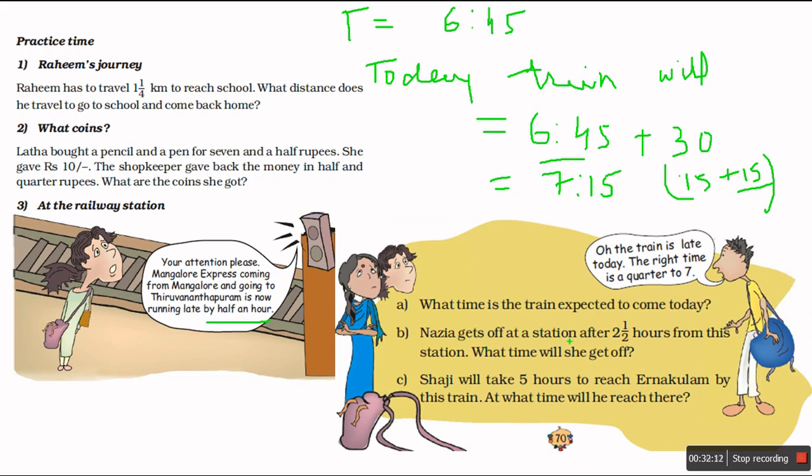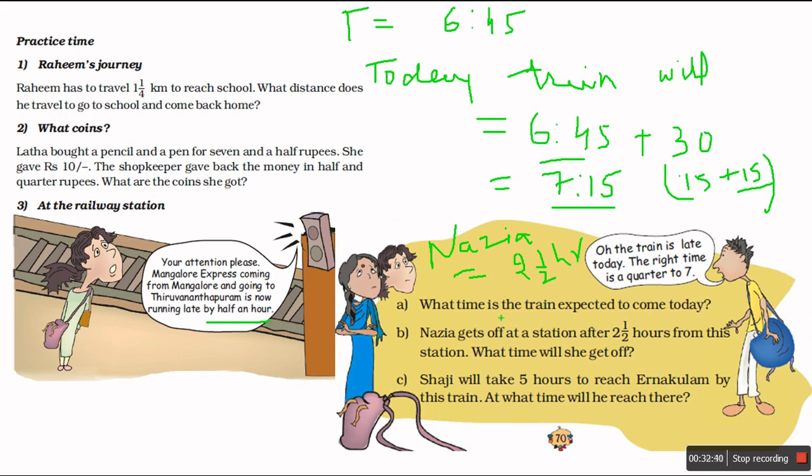Nazia gets off at a station after 2.5 hours from this station. What time will she get off? After 2.5 hours from here. Okay, Nazia, 2.5 hours later.